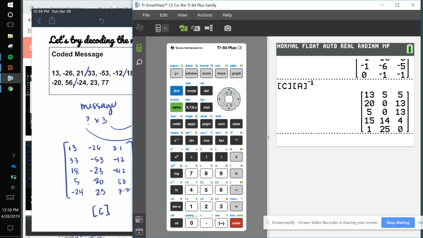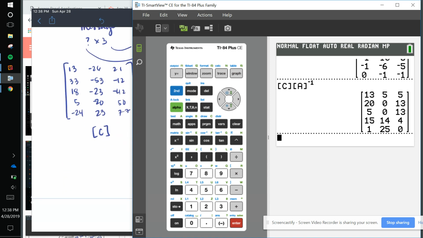Never make the brackets large enough. And now we can decode this message.